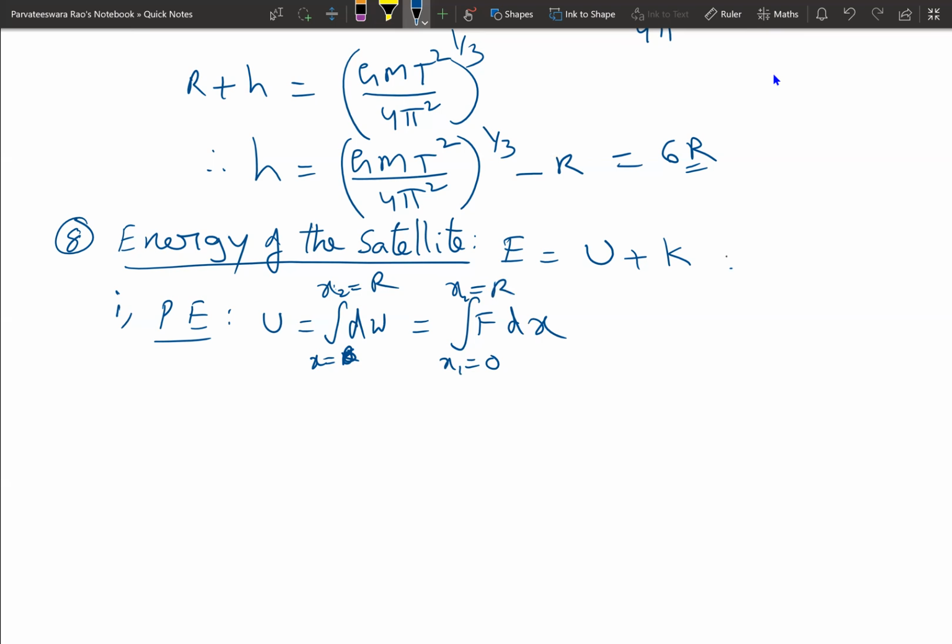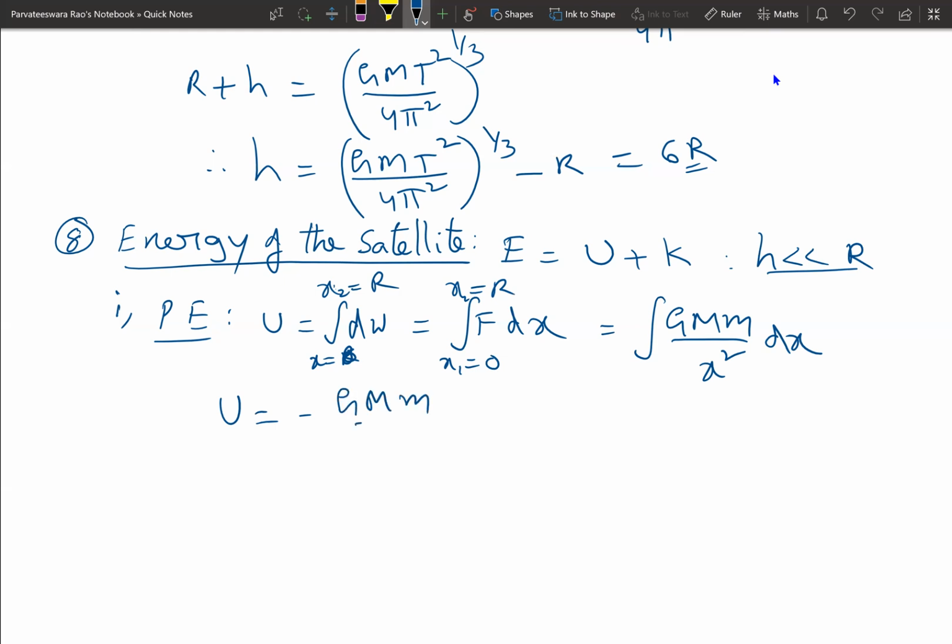Here we are assuming that the height of the orbit is negligible when compared with Earth's radius. All the remote sensing satellites will be very close to Earth's surface. Even the International Space Station, its height is very small, few kilometers. So this is integral g capital M small m by x square into dx. So we'll get this formula for potential energy as g capital M small m by r.